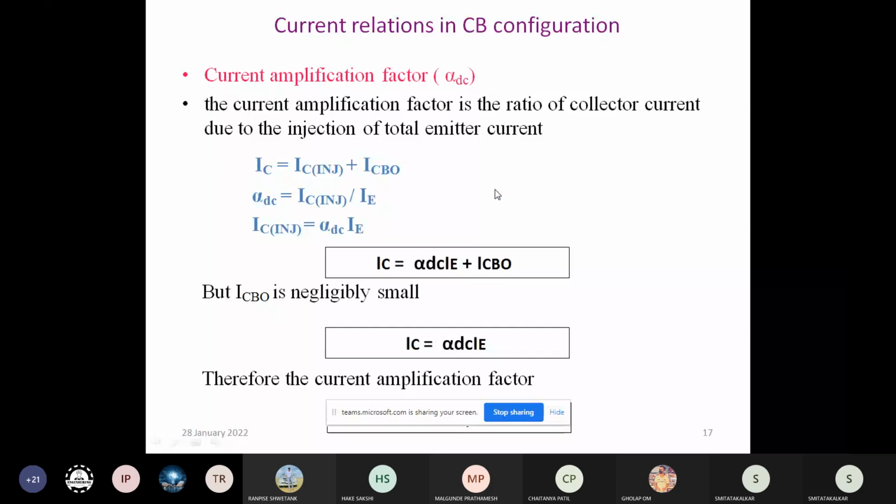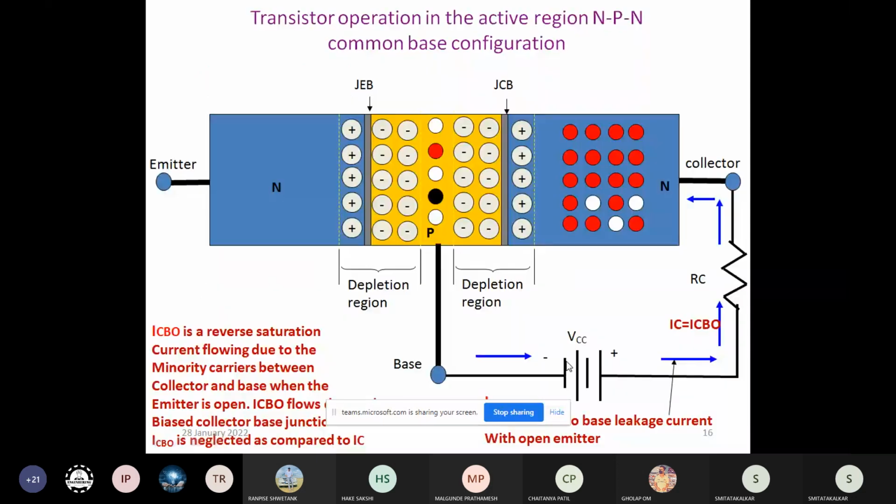The current amplification factor: before the junction it is the collector current IC, and after the junction IC is equal to the injected current. That injected current is the reverse saturation current of base to collector terminal, ICBO. That's why the current amplification factor alpha DC is equal to IC, the collector current after the junction, divided by ICBO.